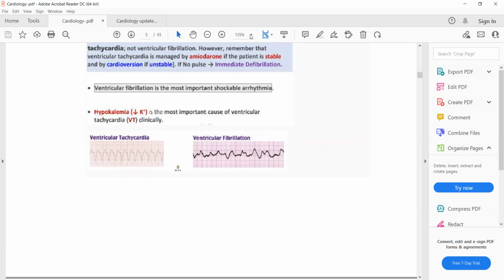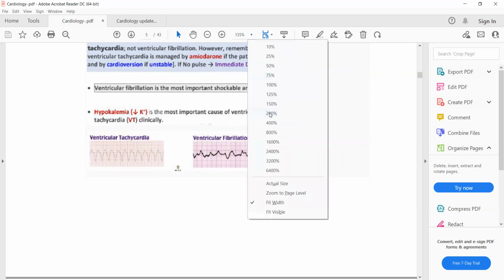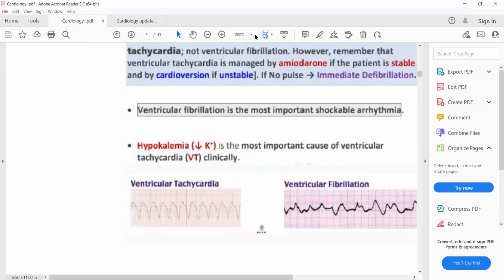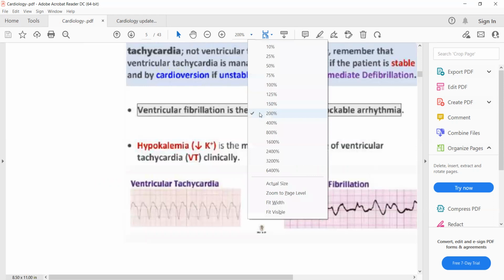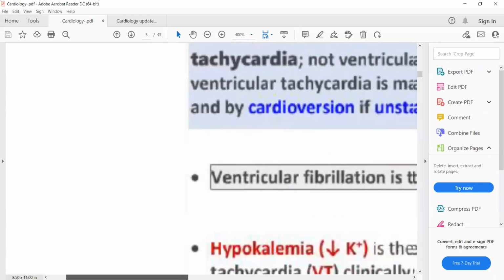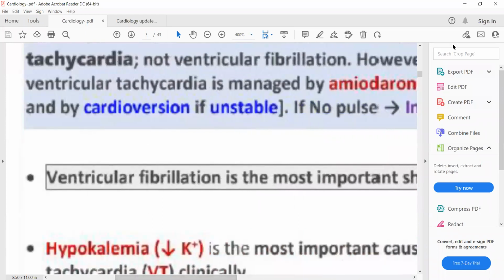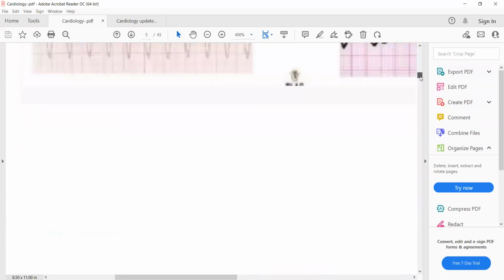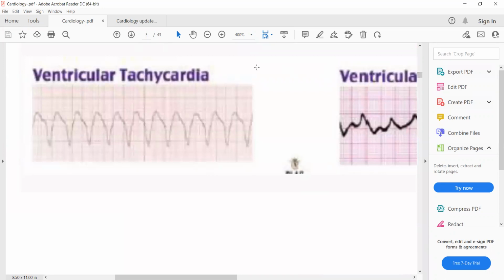Let me zoom it a little bit. Ventricular tachycardia is basically a broad complex tachycardia.